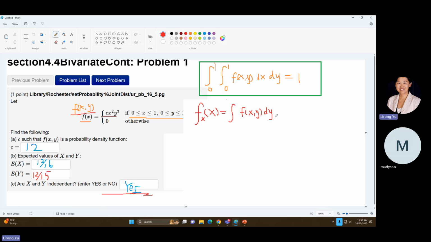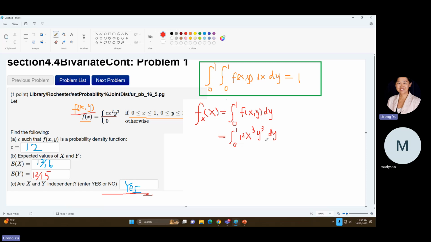dy. So through the integration of a single variable, you're able to reduce the two variable case to a one variable case. The y variable is 0 to 1. So this integration is going to be 0 to 1, 12 x squared y cubed dy. If you're integrating y cubed dy, we're getting rid of the y variable, and then you have the x variable here.